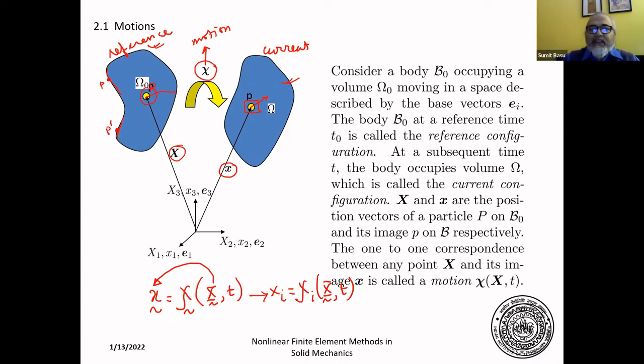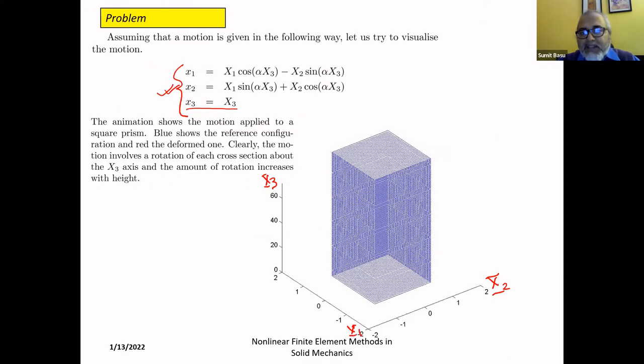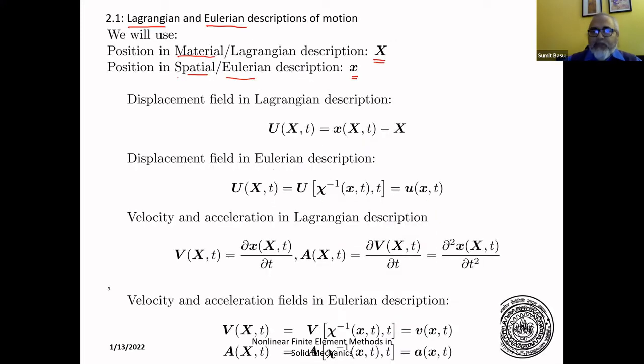Since I have two configurations, I have two ways of writing every quantity: one in terms of the initial coordinates of a point, one in terms of the final coordinates of a point. For example, I can write the displacement in the Lagrangian description.